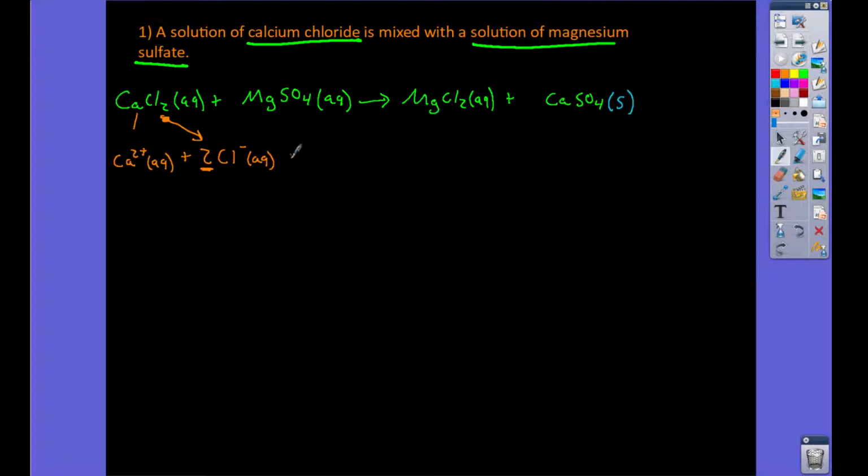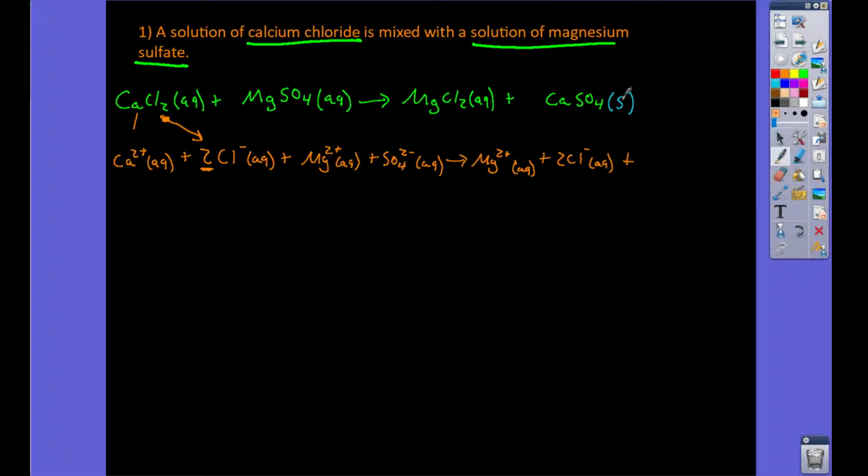Same thing for magnesium sulfate here. Mg is going to have a 2+ and is aqueous, and sulfate is going to have a 2- and is also aqueous. So that's our reactant side. We do the same thing for the product side. For magnesium chloride, we have Mg 2+, which is going to be aqueous, plus 2 Cl minus, which is aqueous as well.